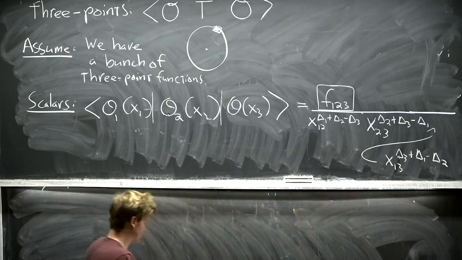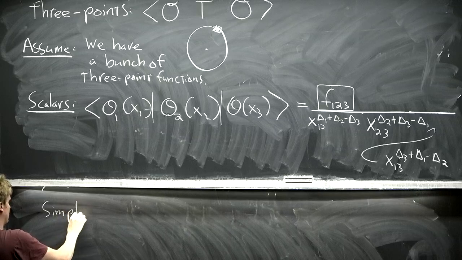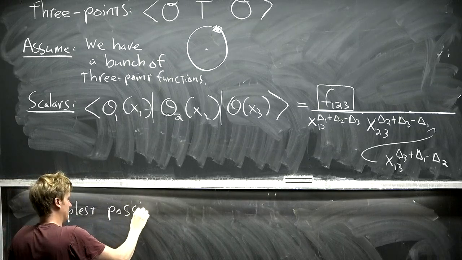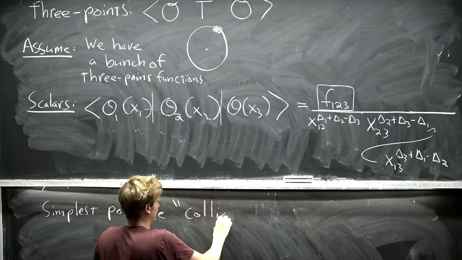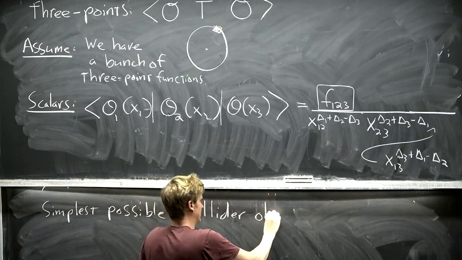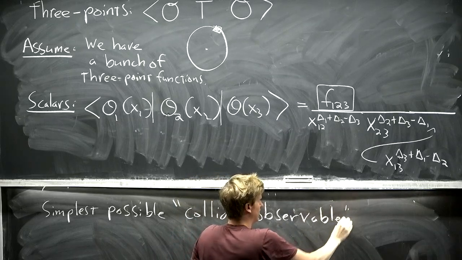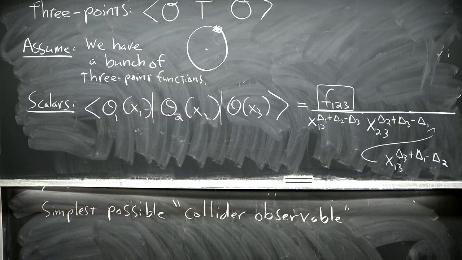So the simplest possible thing we can do in this language, collider observable, will be the one-point function of this energy flux operator, which I just described earlier, in a scalar state.